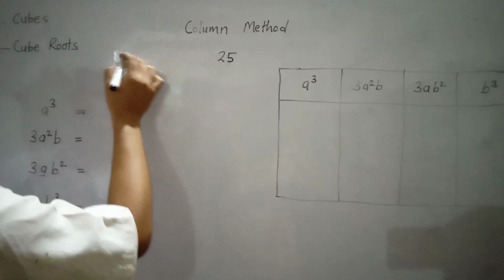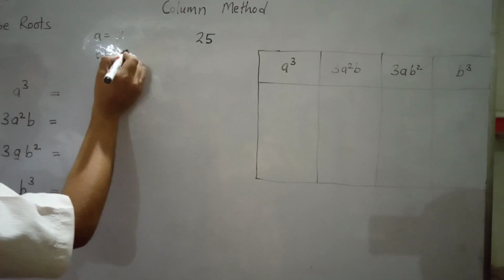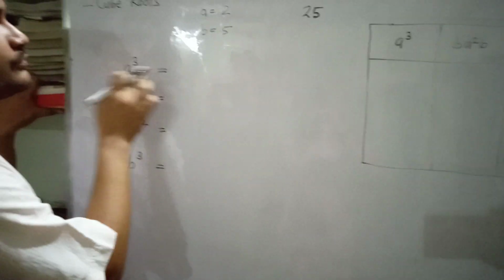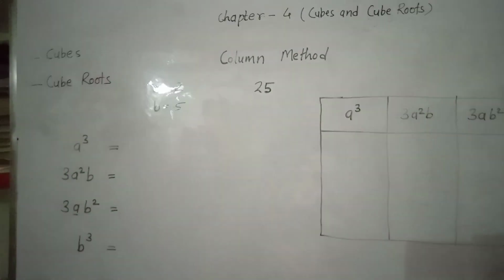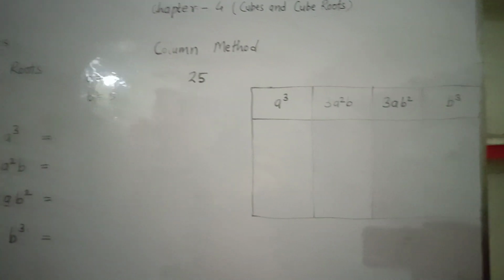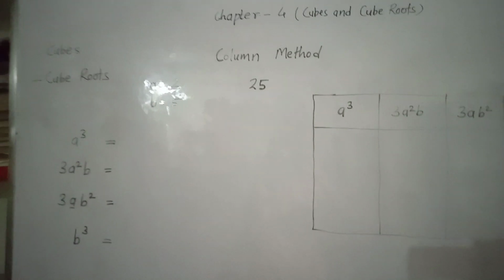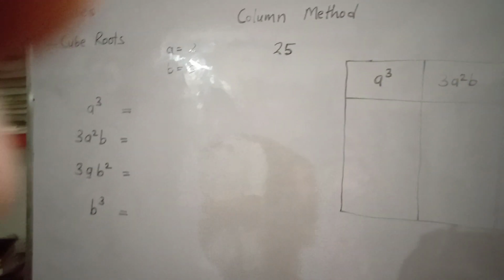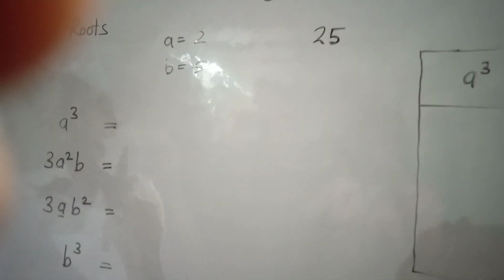So now here the value of A is 2 and the value of B is 5. Now firstly we will calculate A cube.